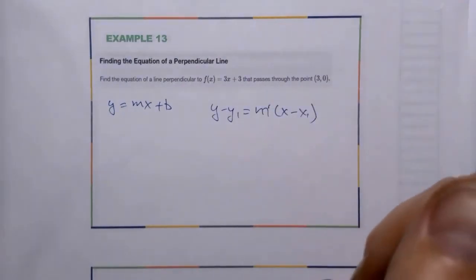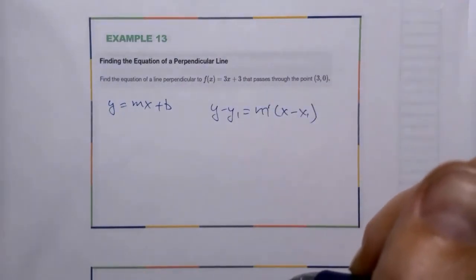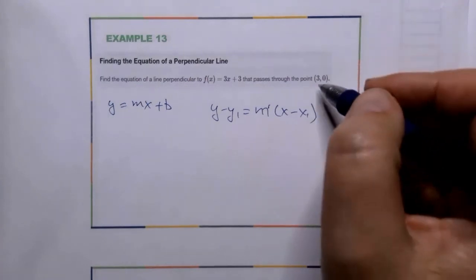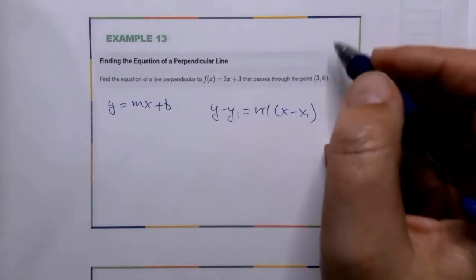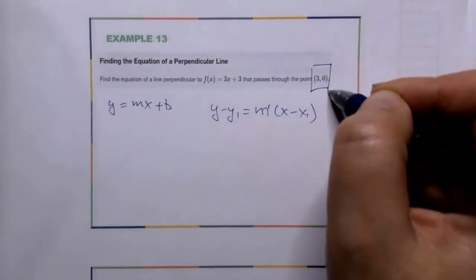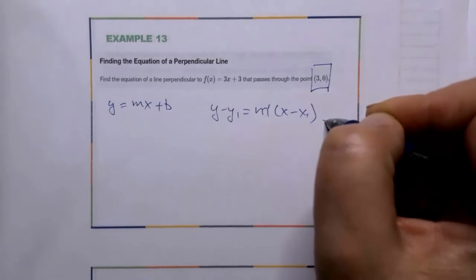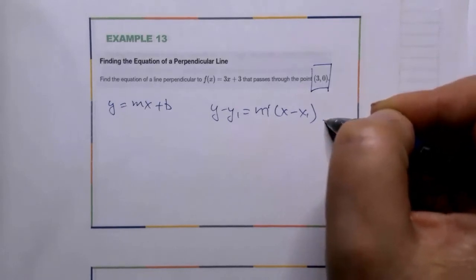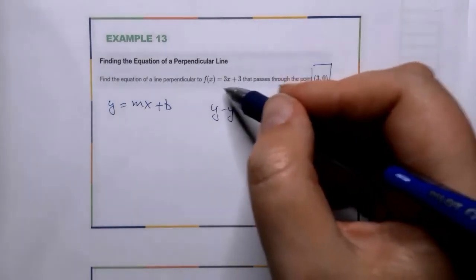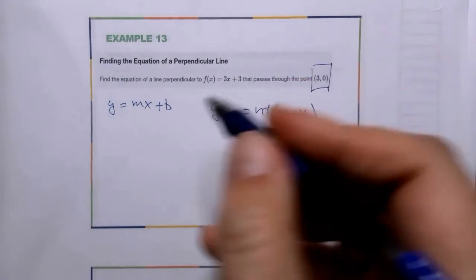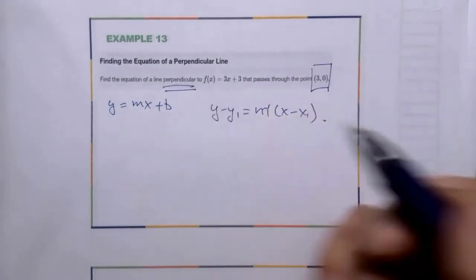It doesn't have to be the y-intercept. So in this case, the point that we have is actually an x-intercept. It's not a y-intercept. So we would have to go with this equation, okay? Now, where do we get the slope for the line that we need? They gave us a line that would be perpendicular, right?